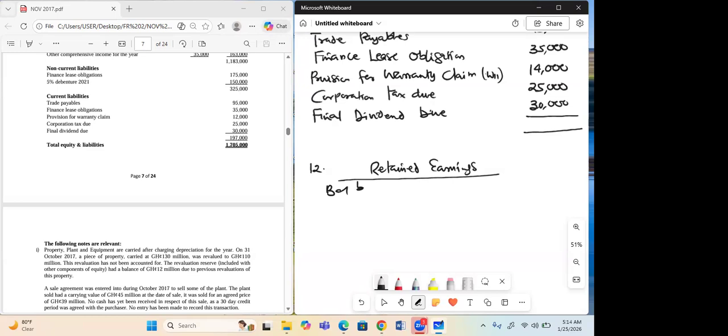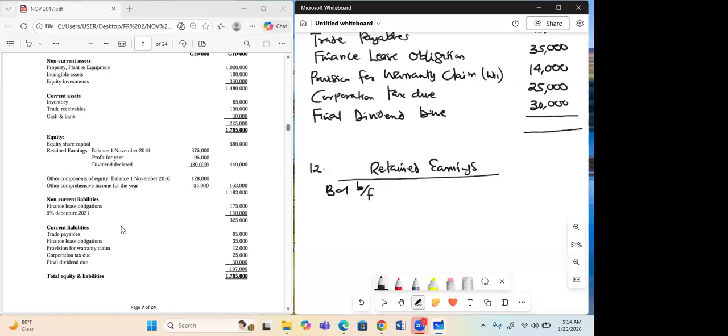Yes, sir. For the rest of you, the retained earnings is here. You can see the unadjusted one is 375,000. And then we adjusted it. By adjusting it, we made a profit for the year of how much? 76,750.